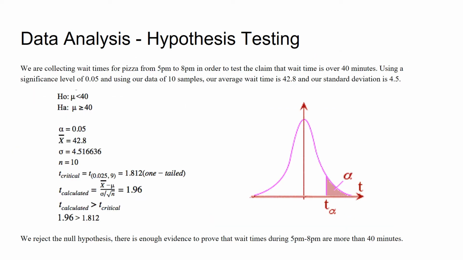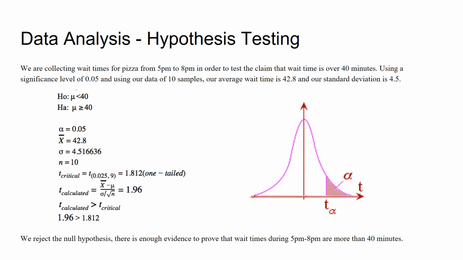We also did a hypothesis test after collecting wait times for pizza delivery between the times of 5 to 8 p.m. We were testing the claim that the wait time is over 40 minutes using a significance level of 0.05 and using a sample of 10 observations. Using our samples, we calculated the average wait time and the standard deviation.